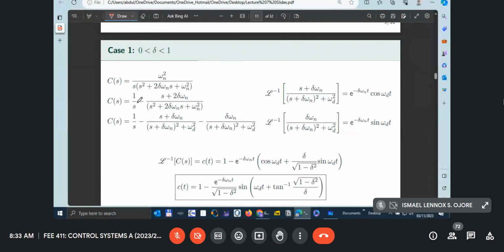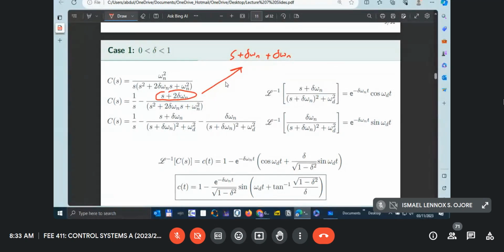So we can rearrange it in that form, and then change this such that you have s plus omega n, plus this part here as that, and then you divide by the denominator, right?